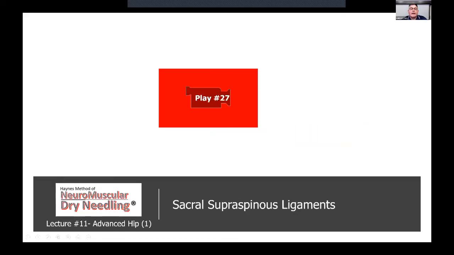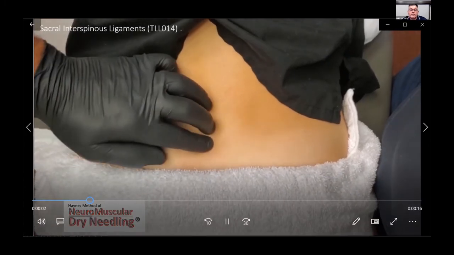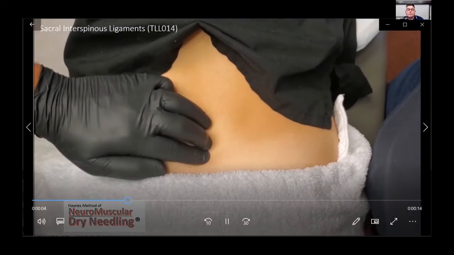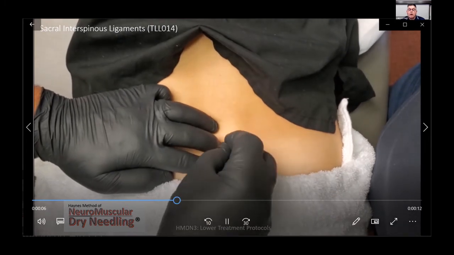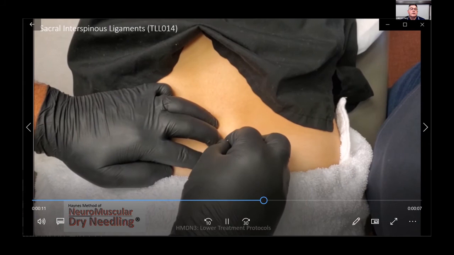We'll come back and now look at number 26 and number 27. So here we are in midline, cranial, caudal, on the sacrum, the cranial-most piece of the sacrum.